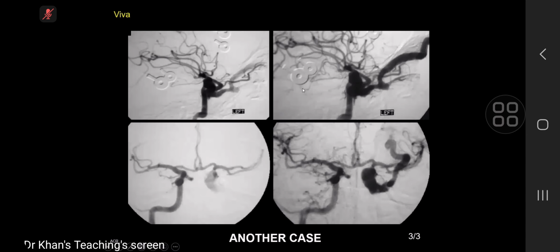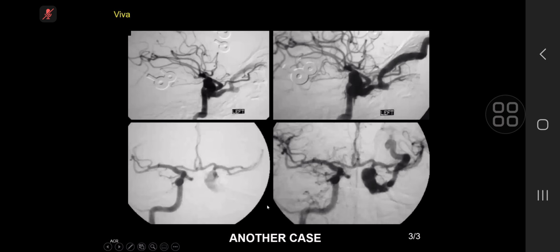So this is a catheter angiography of the anterior circle of Willis. I can see contrast going up the right internal carotid into the right MCA, ACA, and coming out on the left, with contrast in the left internal carotid artery.